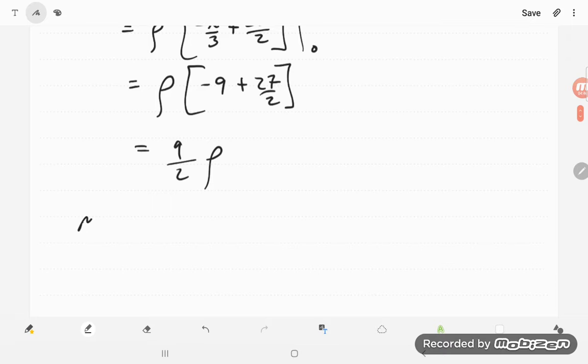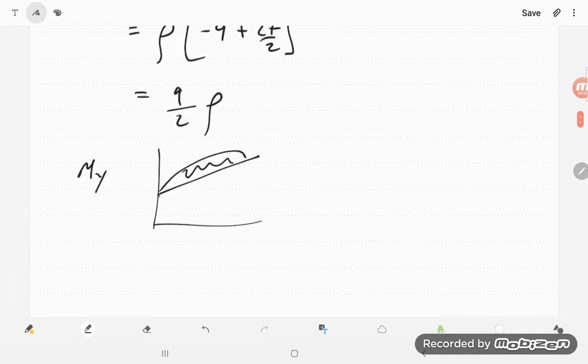Okay, then we want m sub y. Again, our picture is that we're working with something like this. For m sub y, we're measuring from the y-axis, coming over. How far over are we? I can tell you that by giving you x sub i and then multiplying by the mass of that element.